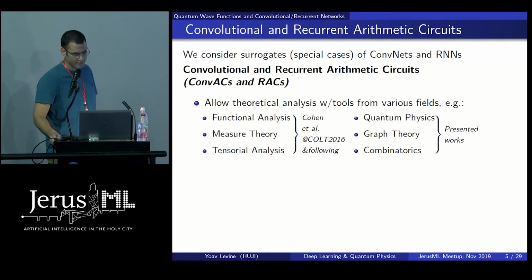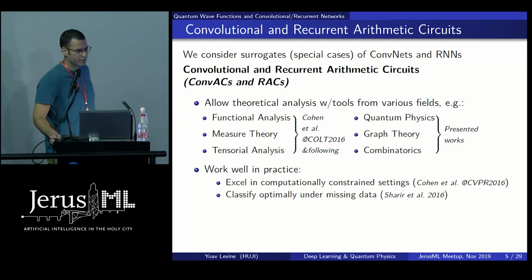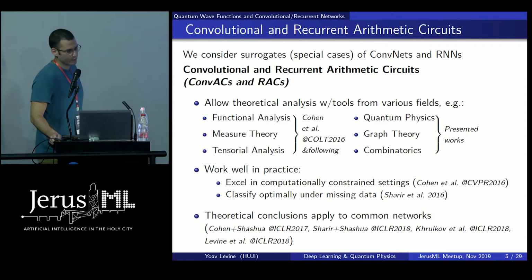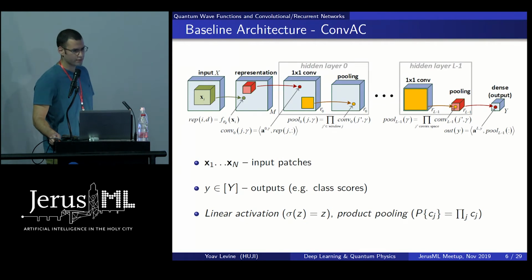In this line of work, we obviously add quantum physics, but also graph theory and combinatorics. But beyond being great theoretical entities, they also work well in practice, and theoretical conclusions attained on them were shown to extend to the practical setting of convnets and RNNs. So that's sort of a motivation, and we'll see the architecture.